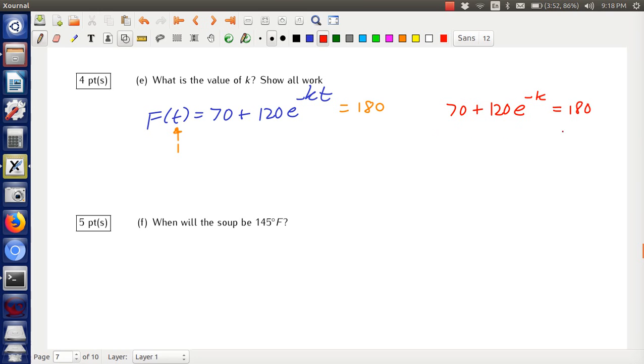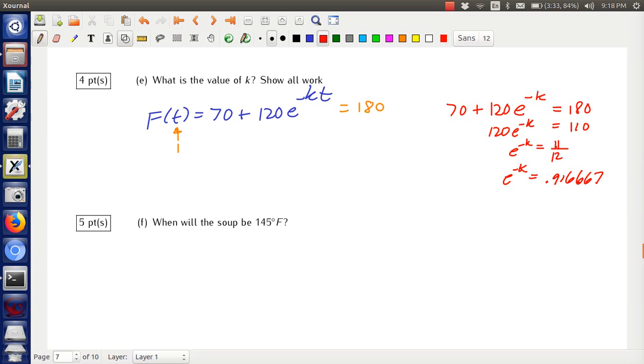You're going to get 110 equals 120 e to the minus k, because I subtract 70 from both sides, then I divide by 120. And then what do I do? Well, something like that.